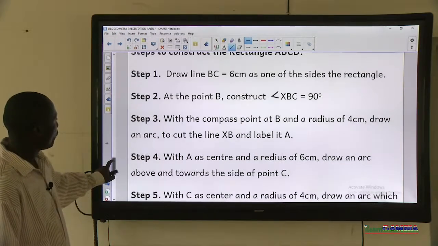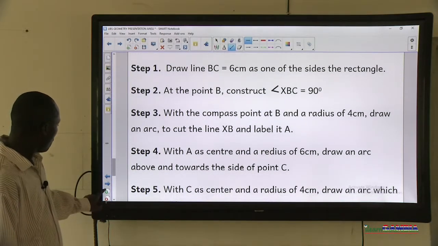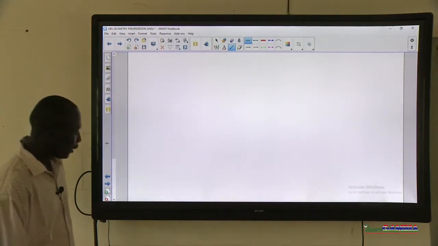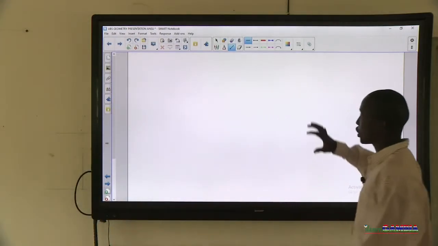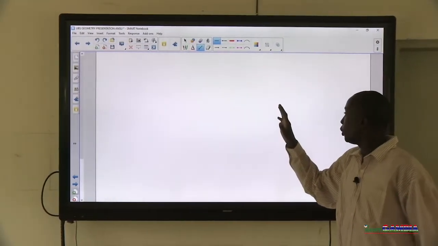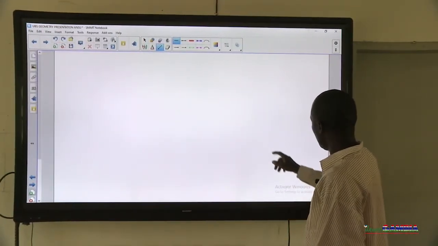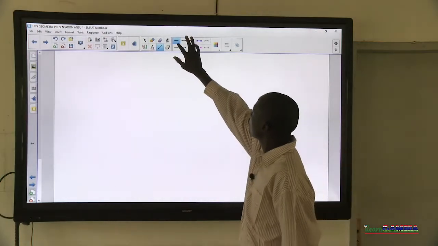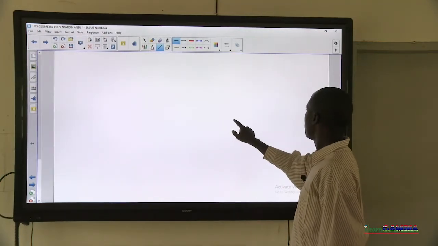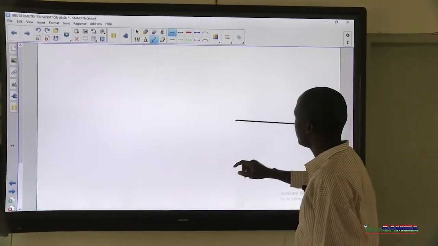So you can see we want to do the sketch. Let's do the sketch here. Always your sketch of what you are supposed to do should be somewhere on top. Now, the first thing we are told to do is to draw the first side.